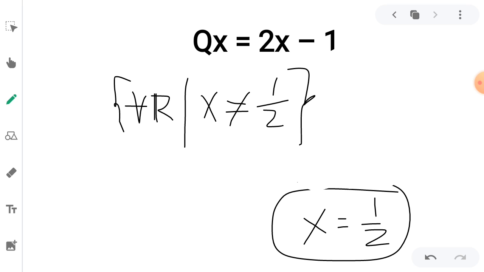So again, why all real numbers except 1/2? When we substitute the value of x, 1/2, into our denominator, it gives us 0. So that's how we get the domain of our rational function. For the third part of our video, I will discuss the range of the rational function.